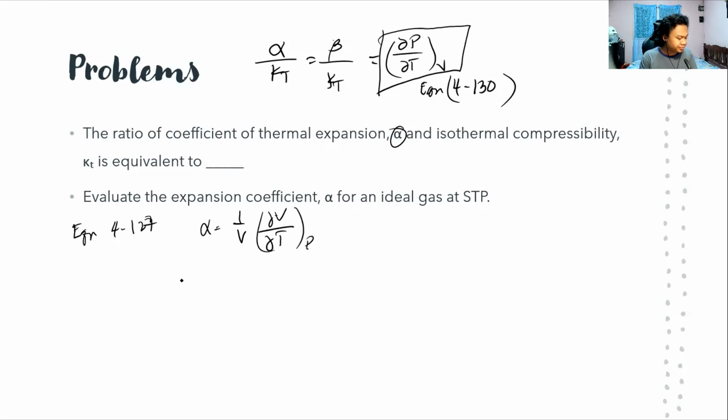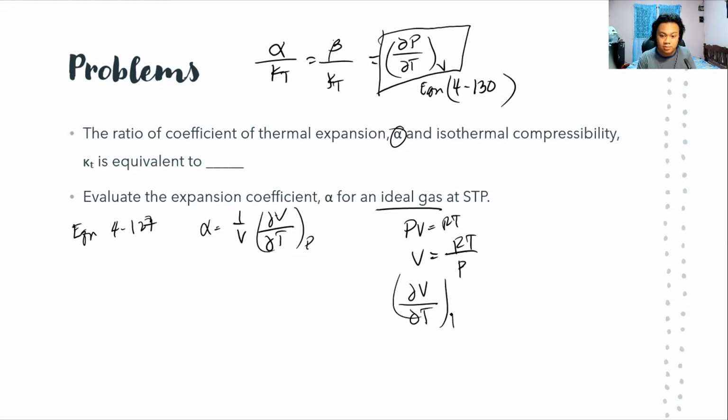So let's do that. So at ideal gas, PV is equal to RT. So V is equal to RT over P, and then we are to differentiate V with respect to T. Diba? So if we differentiate that, dV over dT with P remaining constant, mahimo lang ni siyang R over P, diba?